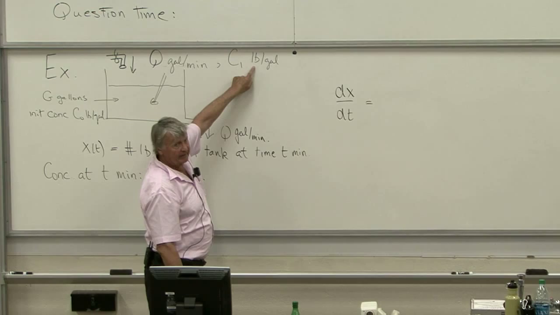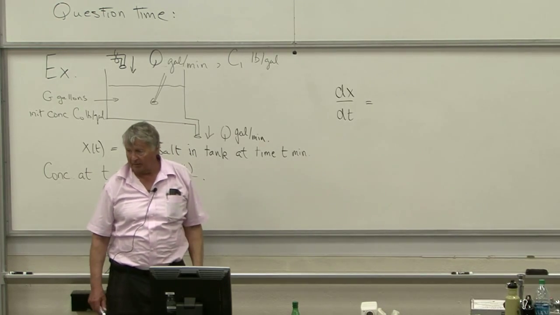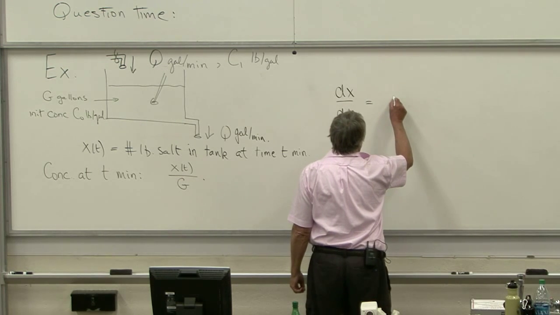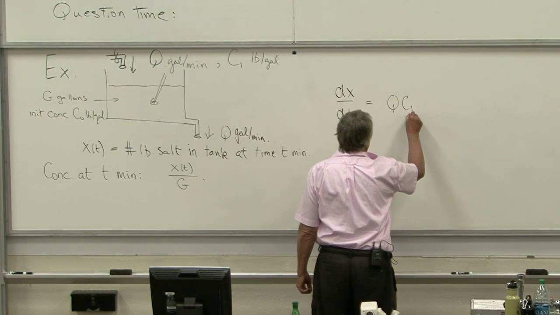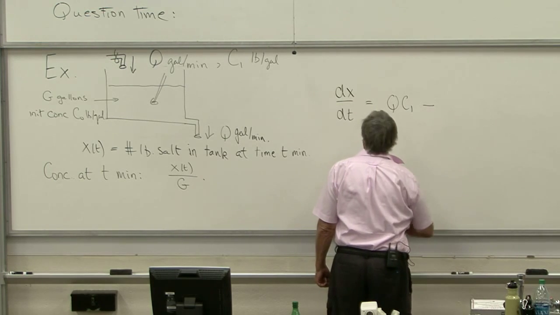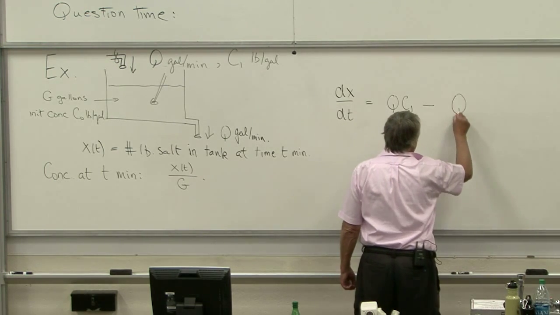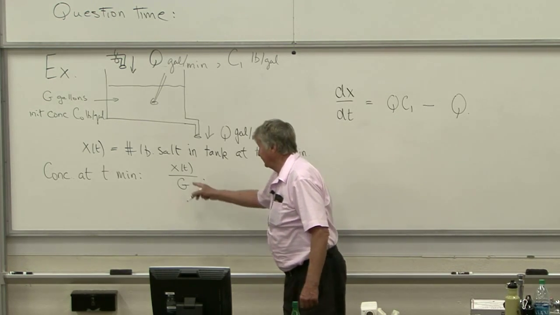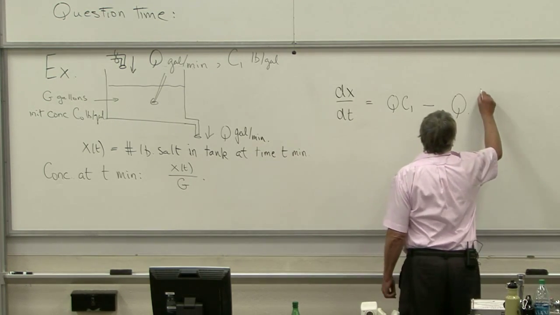Each gallon of that input contains C1 pounds. So the amount coming in per minute is Q times C1. The amount going out, again, the rate out is Q. The concentration of the stuff coming out is X over G.